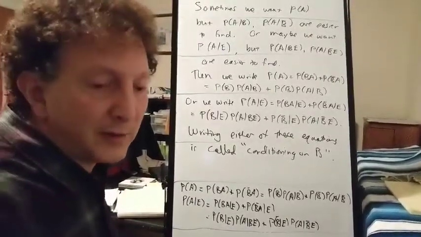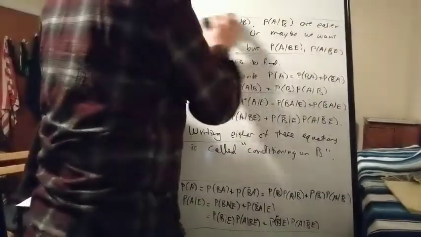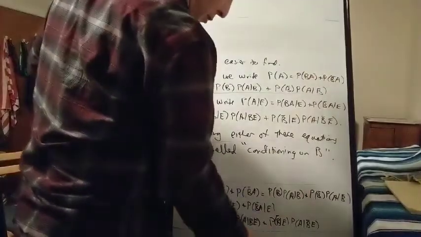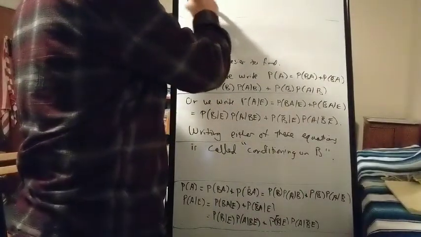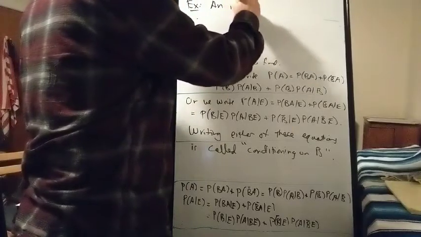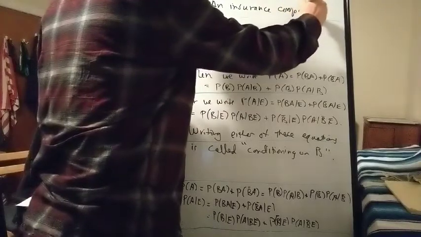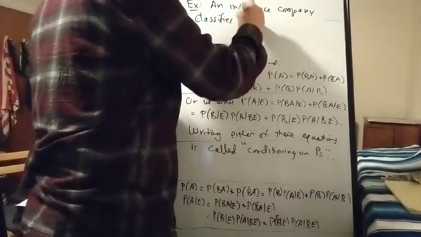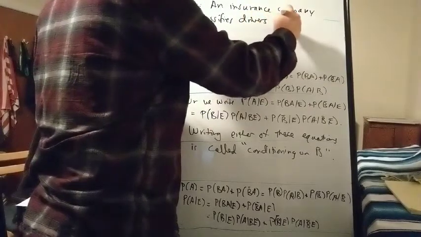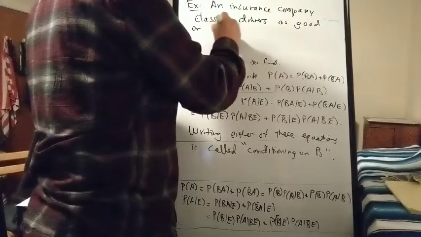Alright, so now for example, this is an example from the book about an insurance company. So an insurance company classifies drivers as good or bad.